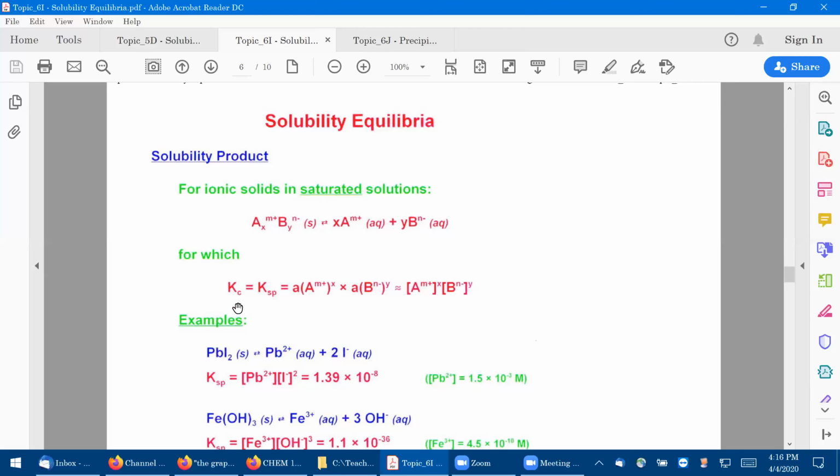So the equilibrium constant, which we'll express in concentration units, that's K sub C, is given, for this kind of equilibrium, its own special terminology. It's called the Ksp, or equilibrium constant for solubility equilibria. And strictly speaking, as we said before, for equilibrium constants, it involves the activities, the little a's here, of the two ions.